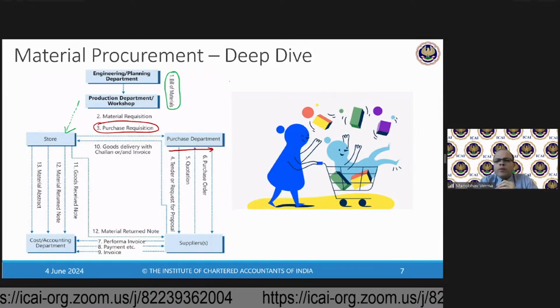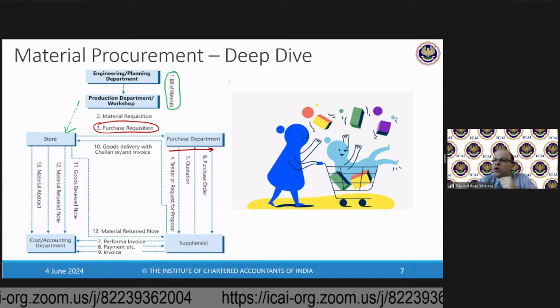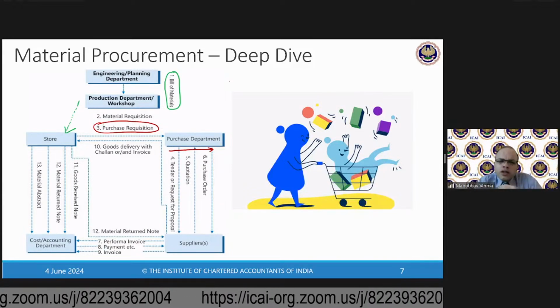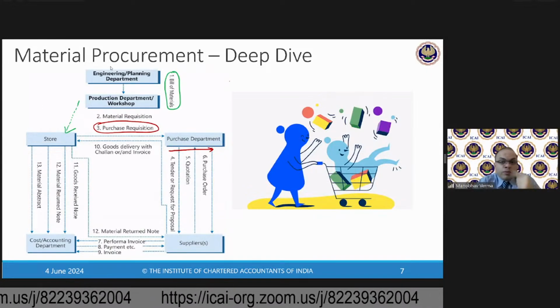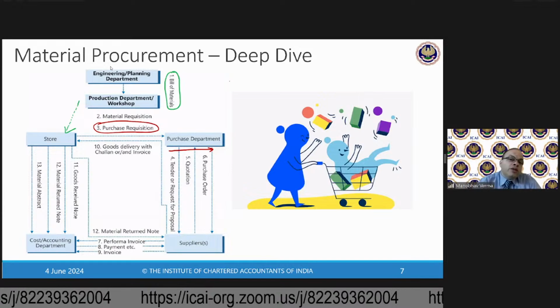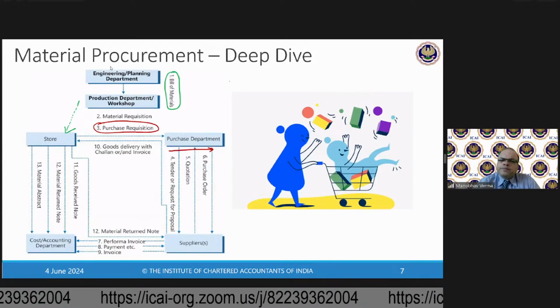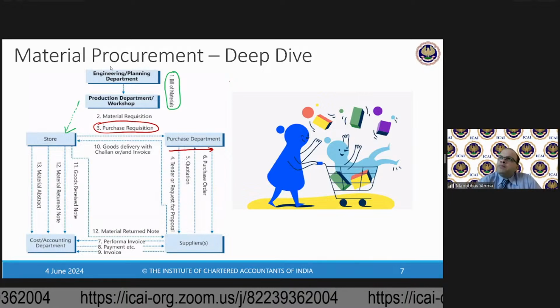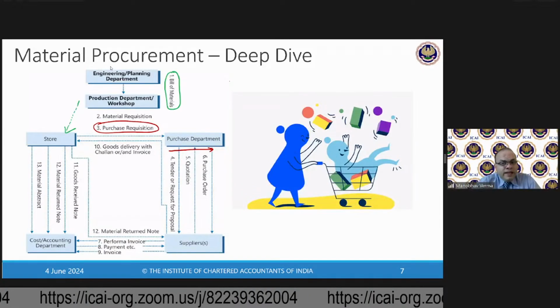once the quotations are received from the vendors, what do you think? Are we always picking up the least cost? Of course not. Once the quotations are received from different suppliers, you would like to take into account a lot of factors. For example, previous experience from that particular vendor, if any.